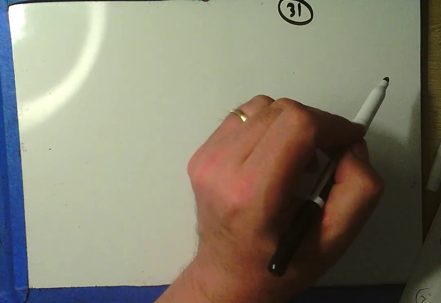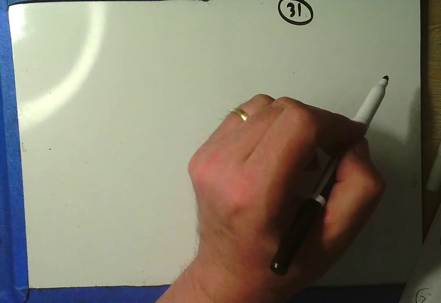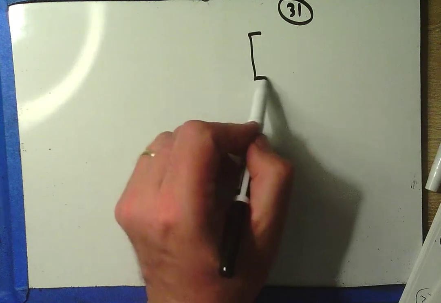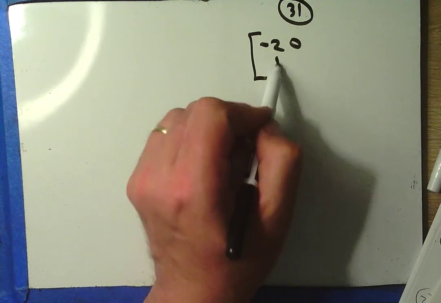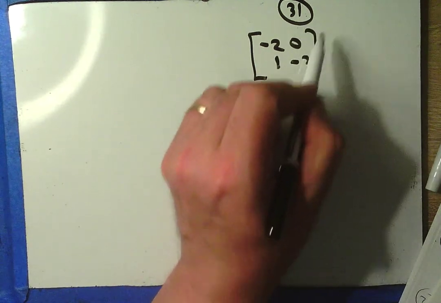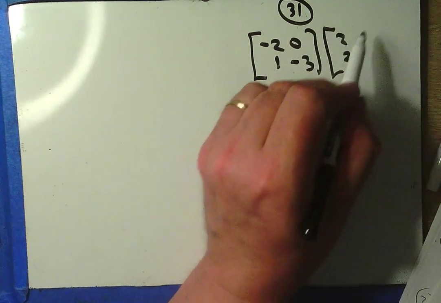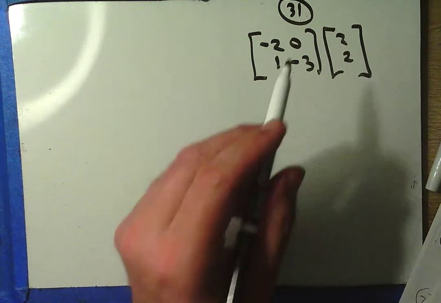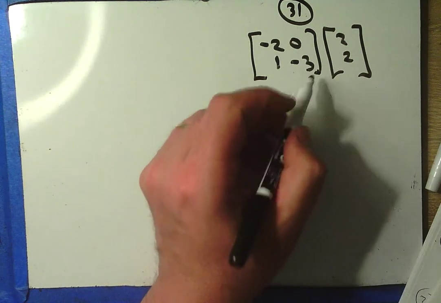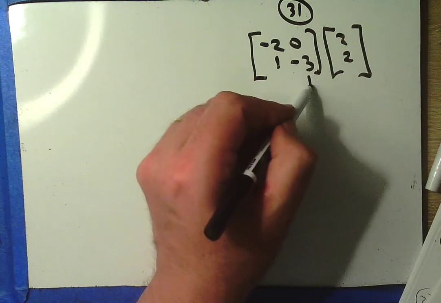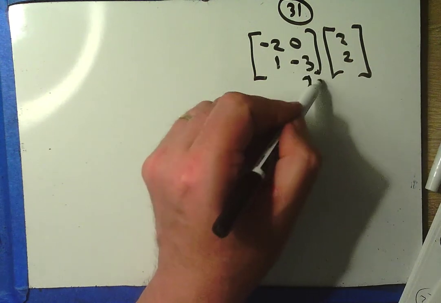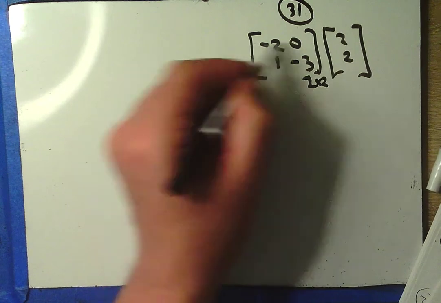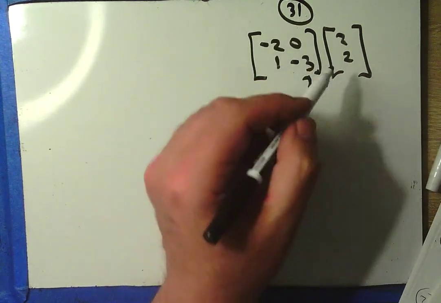Which of the following matrices is equal to the matrix product of [-2, 0; 1, -3] and [2; 2]? Okay, so we're going to be doing matrix multiplication in January when we come back from winter break. What we know here is this is a 2 by 2 matrix because it's got 2 rows and 2 columns.